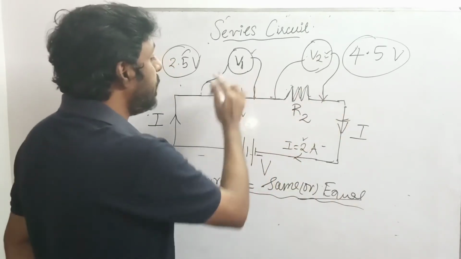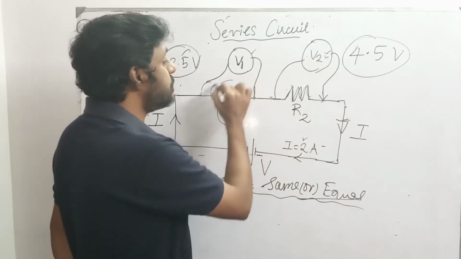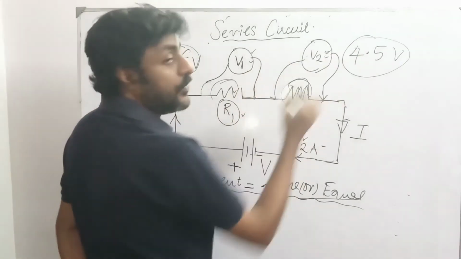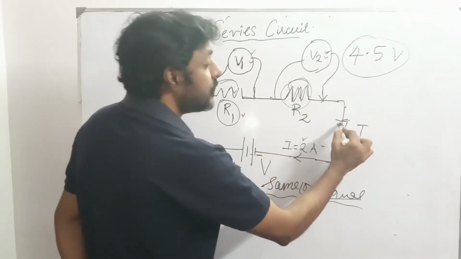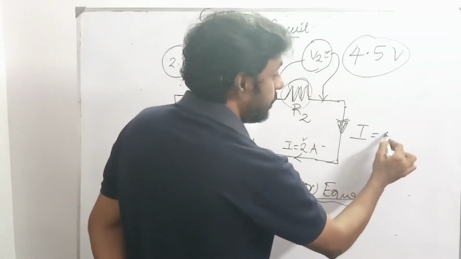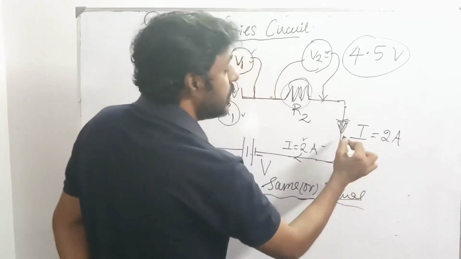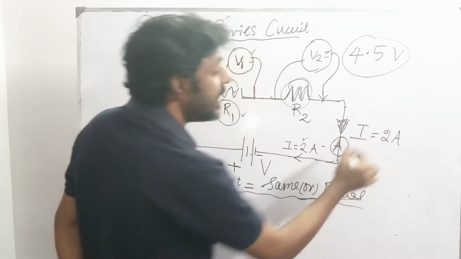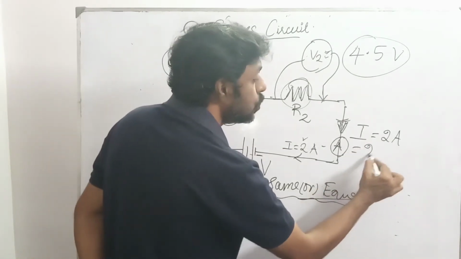Okay, when the voltage is measured across the resistors, then the value of the voltage will be different, but the value of the current in the series circuit will always be same. If you happen to connect an ammeter over here and measure the value of the current, the ammeter will show 2 ampere.